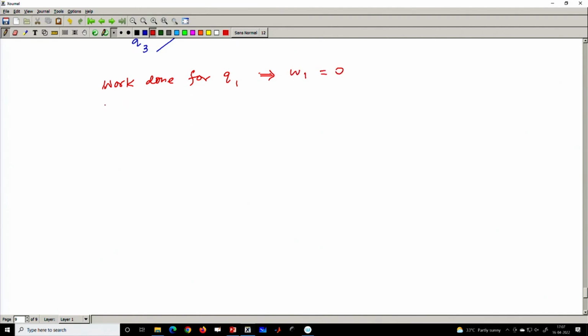Then the work done for Q2, that is W2, is the amount of charge you bring multiplied by the potential that is created due to the presence of charge 1, and that will be exerted on 2. So, it should be Q2 phi 21.